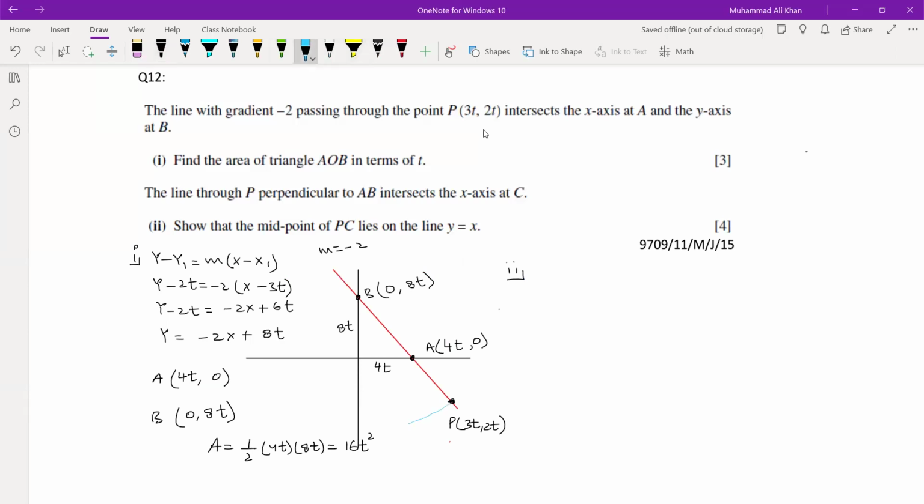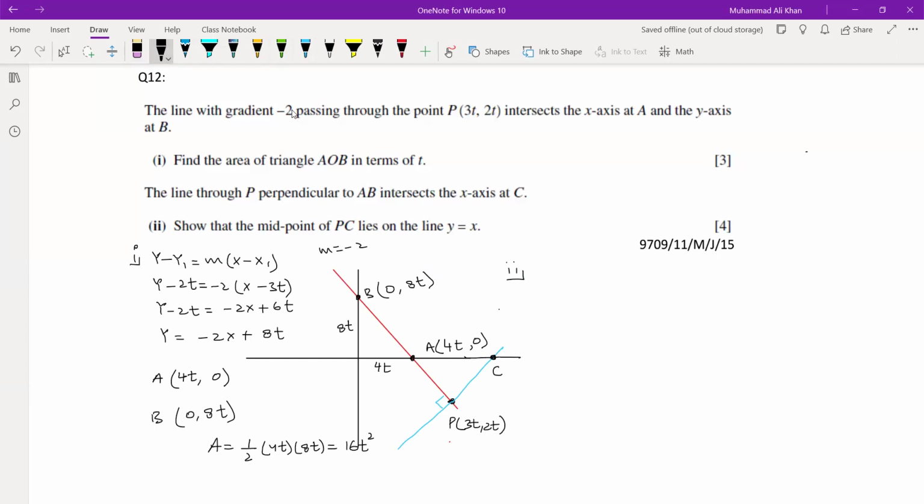The line through P perpendicular to AB, show that it intersects the x-axis at C. अभी करते हैं। लाइन थोड़े से मैं सही बना। Let's say the line is this. Here it is perpendicular to AB, intersecting the x-axis at C.